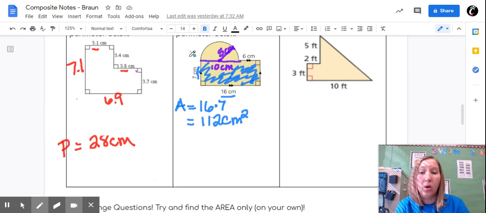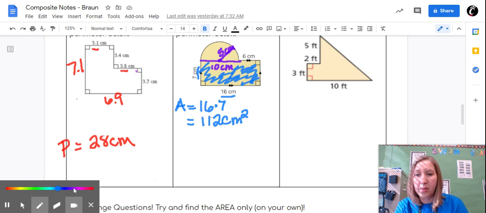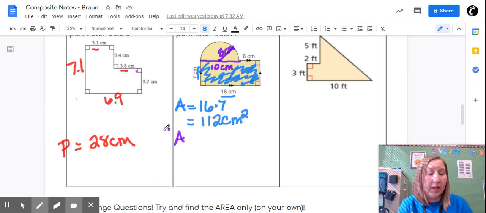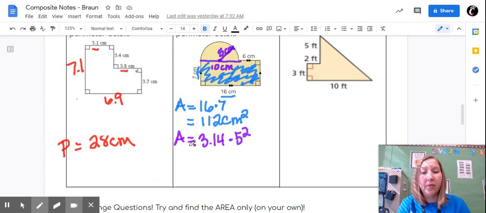All right, so now I want to go back to my purple color here, and I am going to find the area of my circle, but really I just want that half circle. So I know that area is pi times radius squared, so I'm going to do 3.14 times 5 squared. Remember, 5 squared means 5 times 5, so I'm going to do 3.14 times 25.